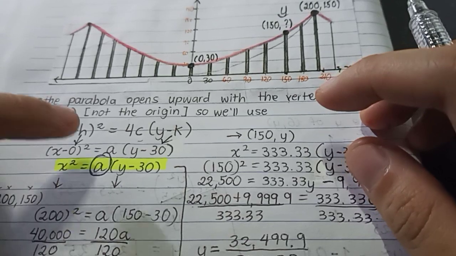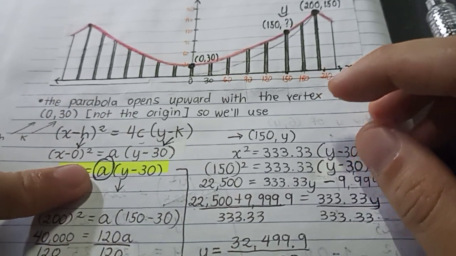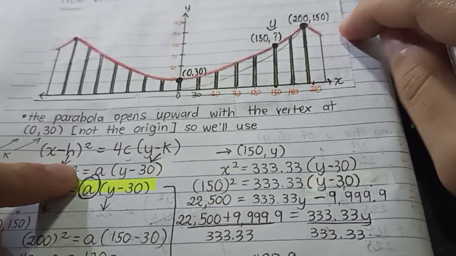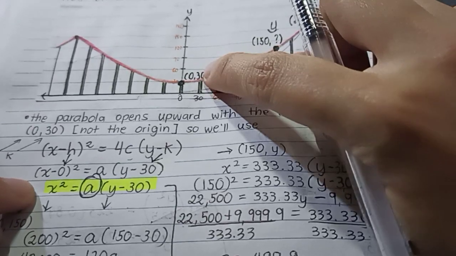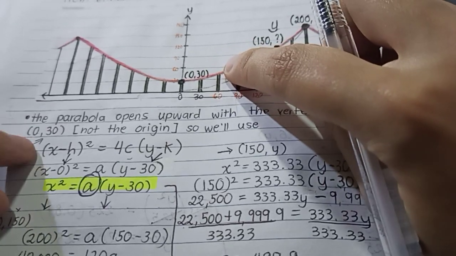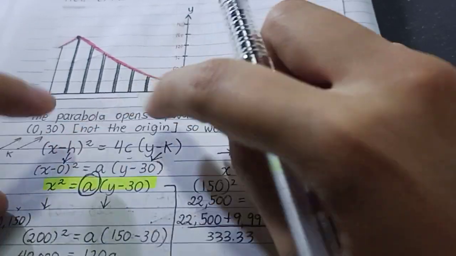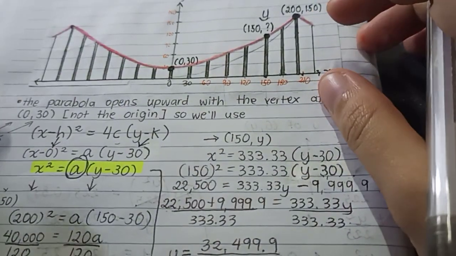We first assume that the whole 4c is a certain value a, and then we ask the help of 200 and 150. By the way, you cannot use this center 0 and 30 because it simply means that you are subtracting h by itself, k by itself. So there is no sense in solving.